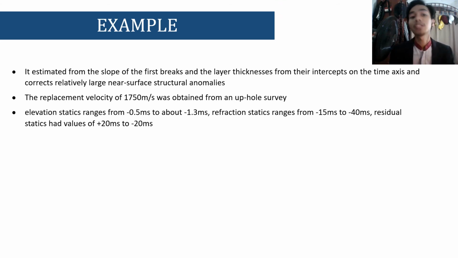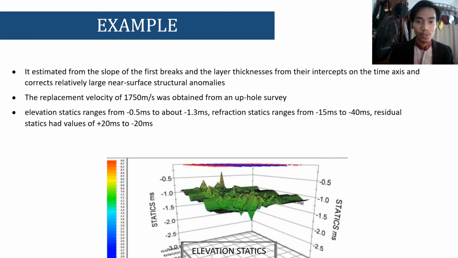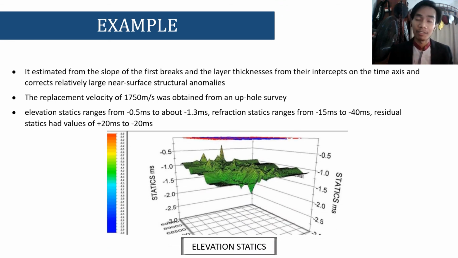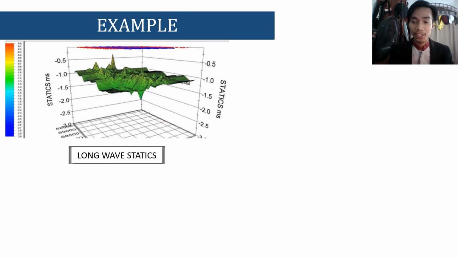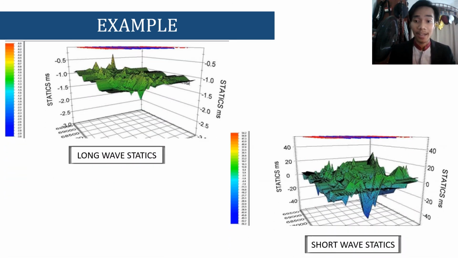For the residual statics, the values are about 20 millisecond to negative 20 millisecond. So this is the example for the elevation statics. This is for the refractions for long wave statics and the reflection for short wave statics.